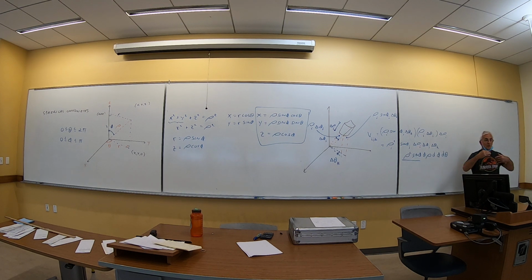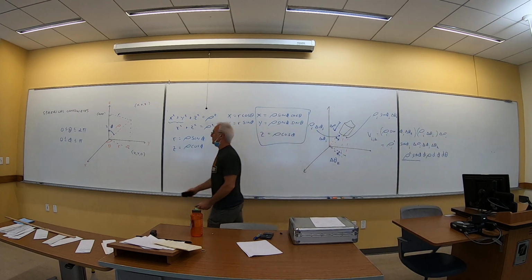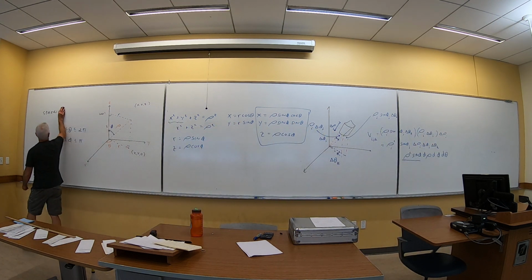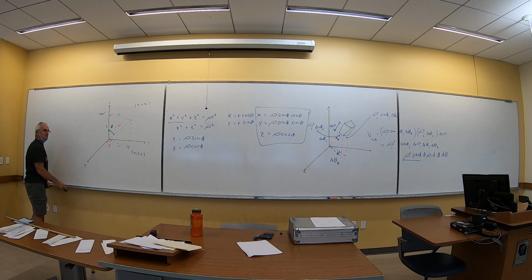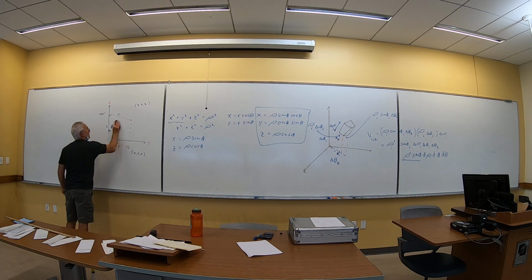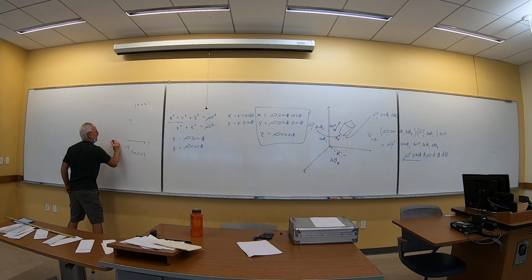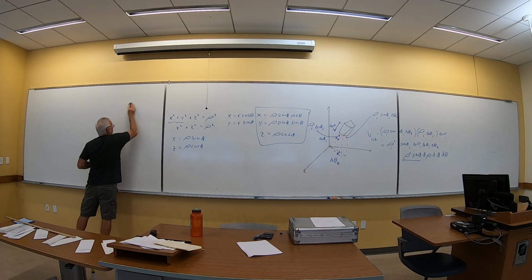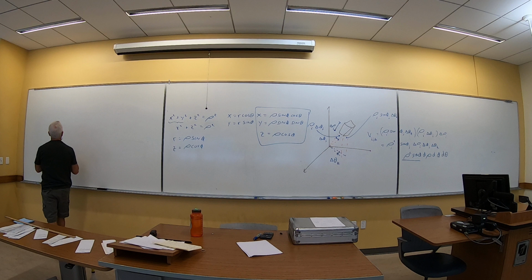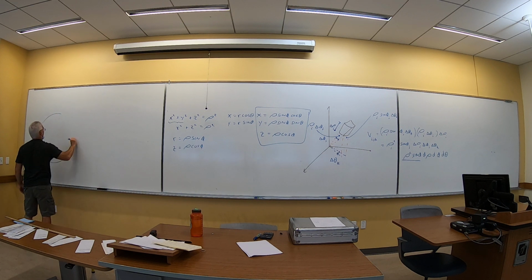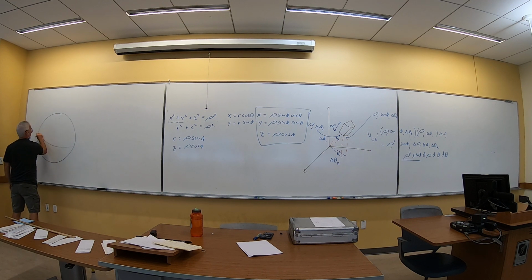So in other words, when I do my integration, let's do something very comfortable. I always like starting with something we already know. Let's find the volume of a sphere using this. All right, we're doing the sphere.